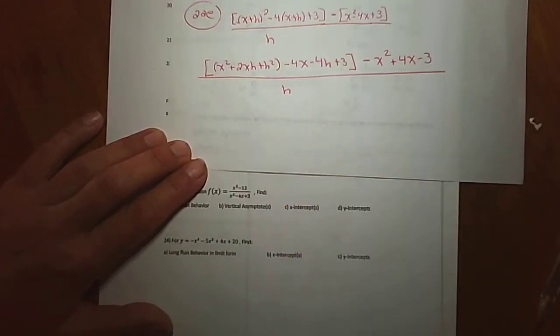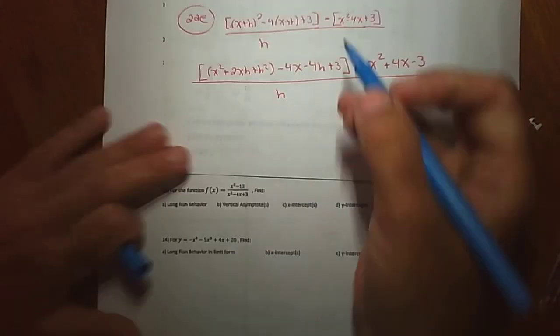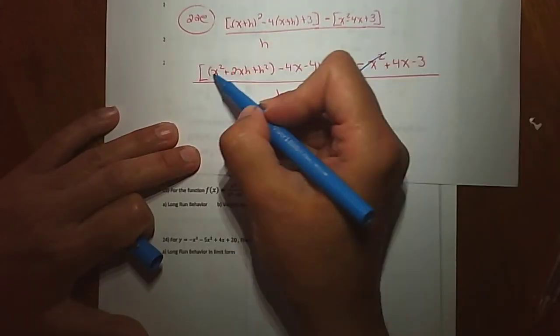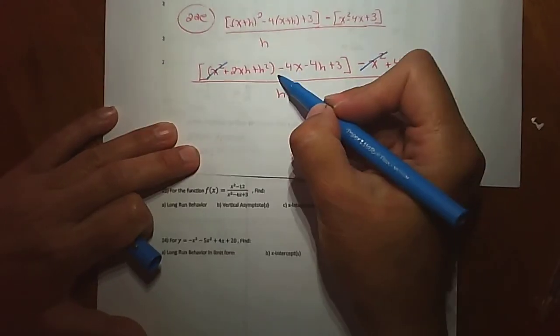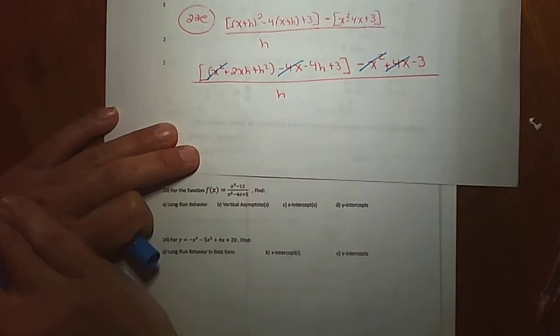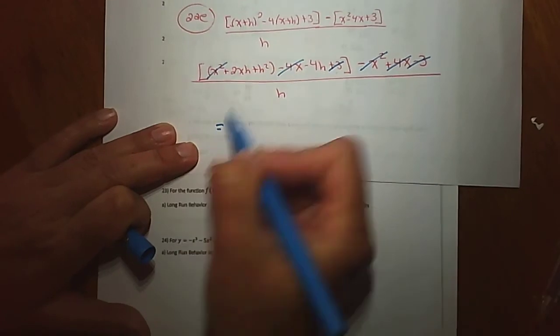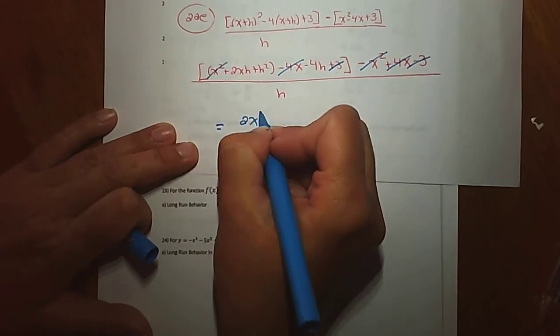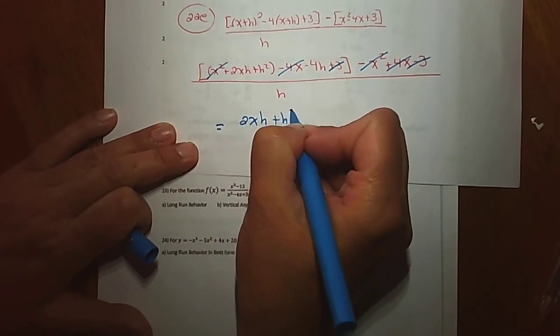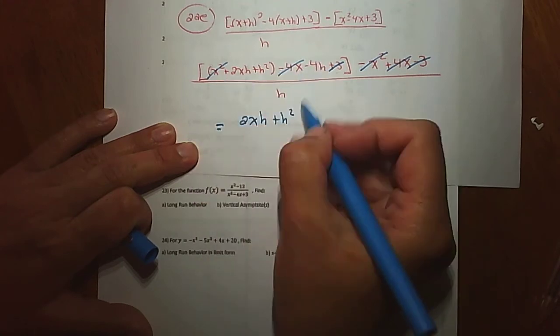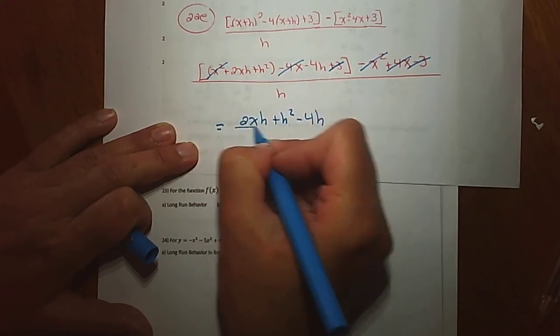If you do your average rate of change, something should go like negative x squared goes with x squared, negative 4x goes with positive 4x, positive 3 goes with this guy, and that leaves me with 2xh plus h squared minus 4h all over h.